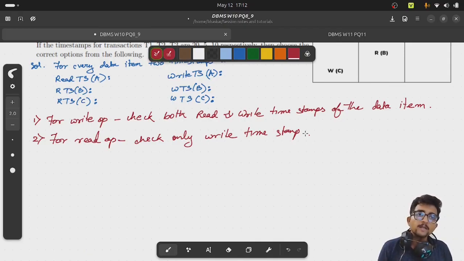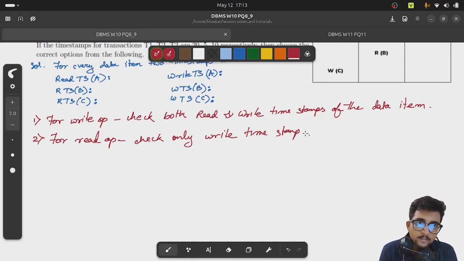If some younger transaction whose timestamp value is more has come and already written into the data item in the past, then I, being an older transaction with a lesser timestamp value, should not go and read the data item, because I should have read it earlier, before the younger transaction came and updated it. Before he executed his write, I should have read whatever I needed to read from the data item, right? Because I am older, so I should have done that earlier.